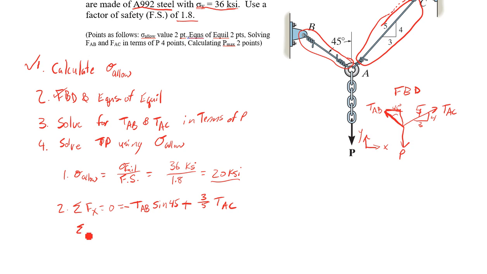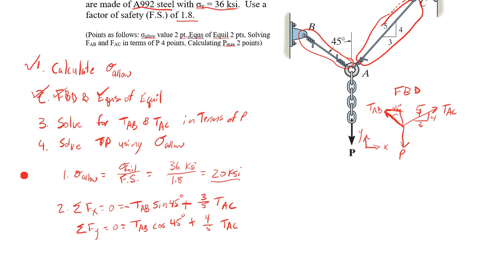In the Y direction, both of these are pulling up, so I'm going to have TAB, and as I've drawn my angle, cosine of 45 degrees, plus 4/5 TAC. And I didn't do a good job drawing this to scale. It should be more up than to the right. But there are my equations of equilibrium.